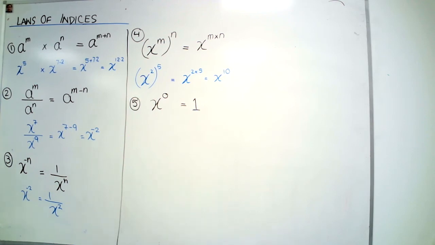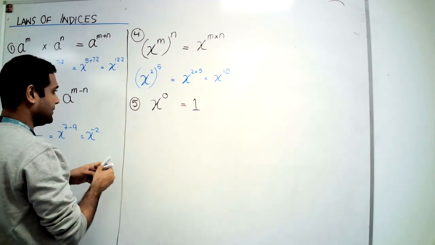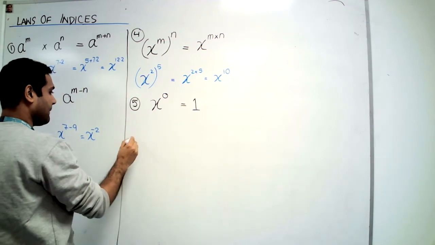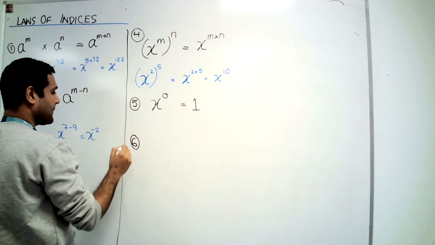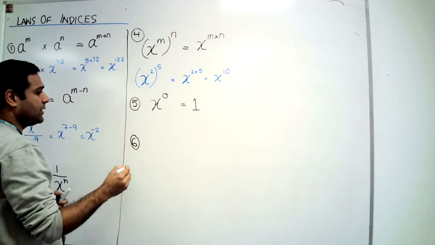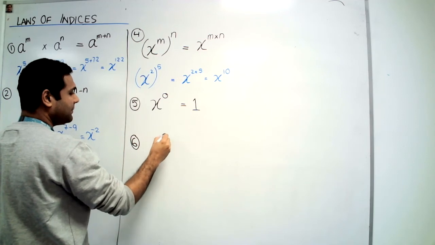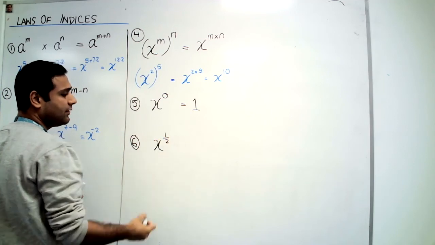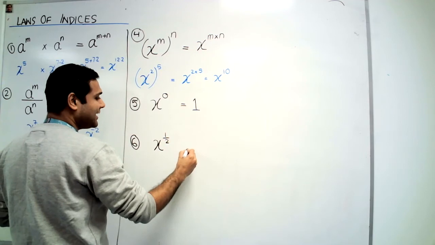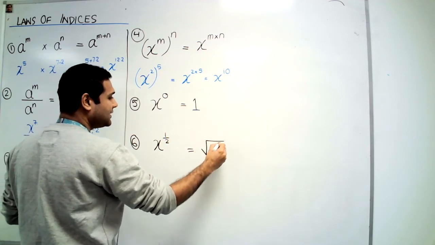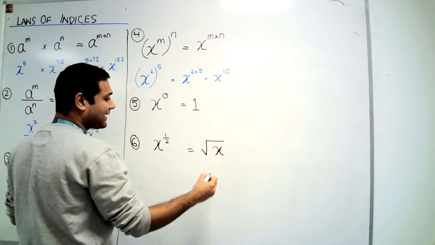Now, the next bit is if I got, let's say, x to the power half, that is same as square root of x.